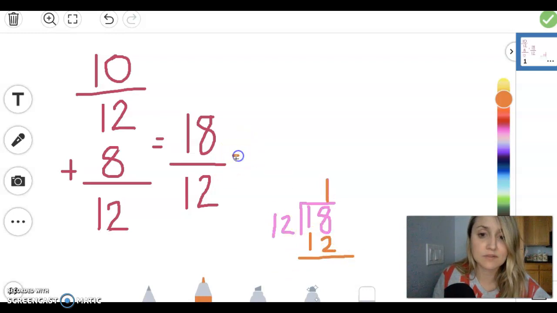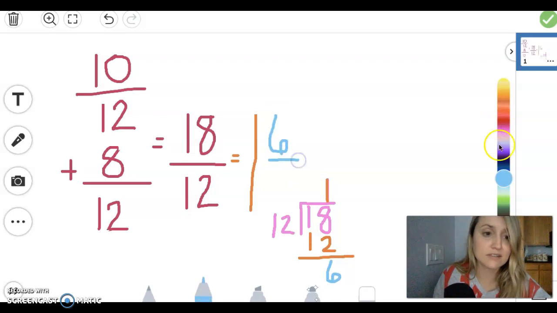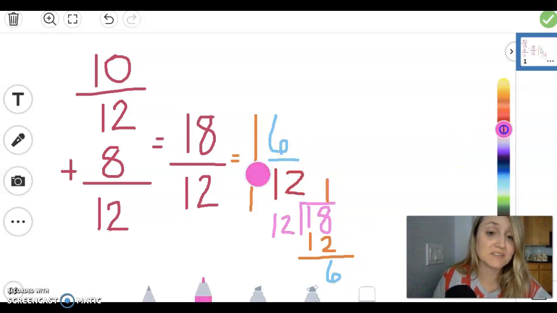Okay. So 1 would be your whole number. And then 18 minus 12 is 6. So you'd have 1 and 6. Denominator stays the same. 12s, okay? Now in this one, you have to go a little further because you can also simplify.